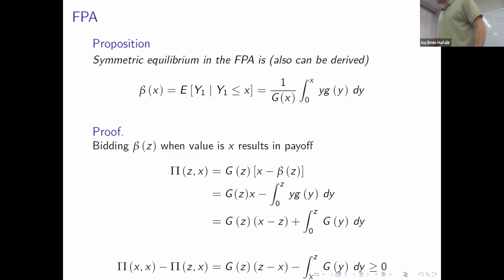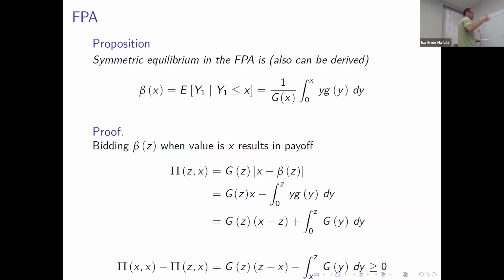But now let us derive the equilibrium in a first price auction. Okay, so we have n bidders, value distributions are f, and G is defined like this. So now let's consider the maximization problem of bidder 1. Any bidder, so I'm not going to write 1 to n, I'm going to just write x.